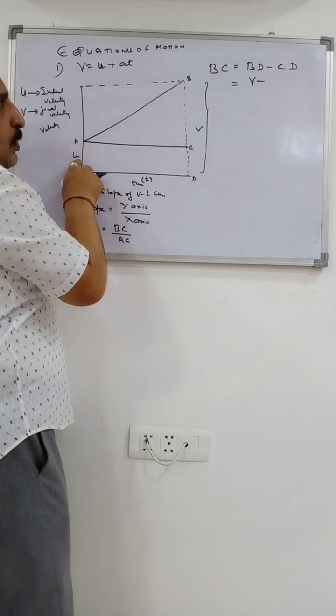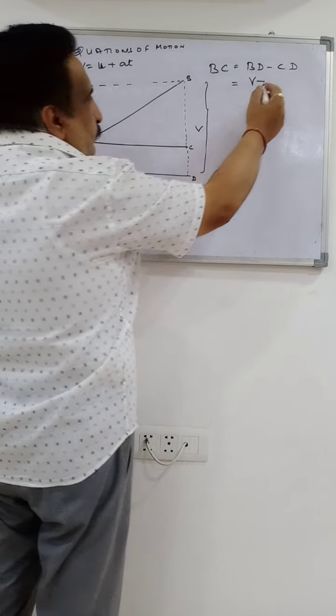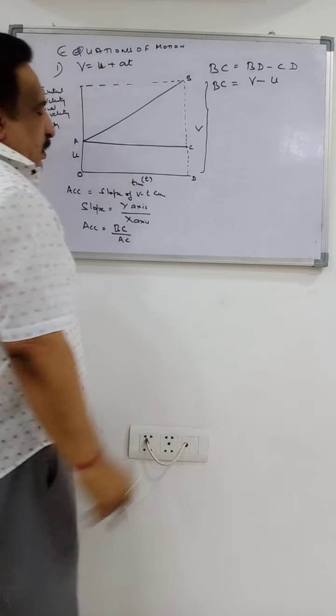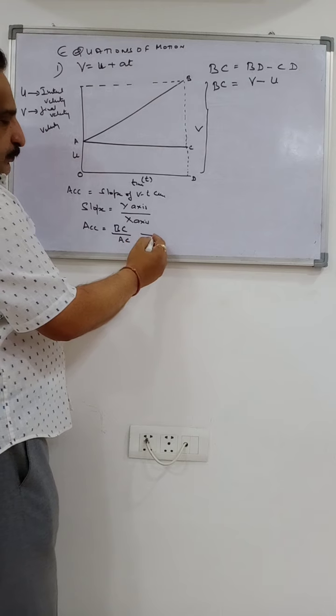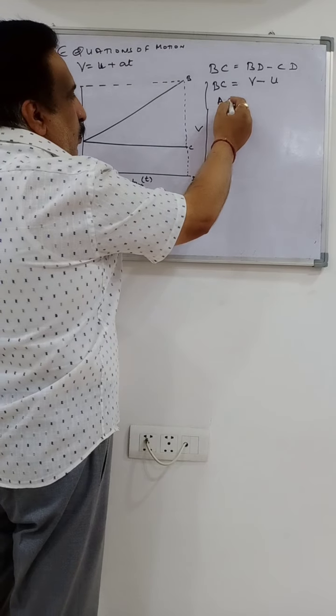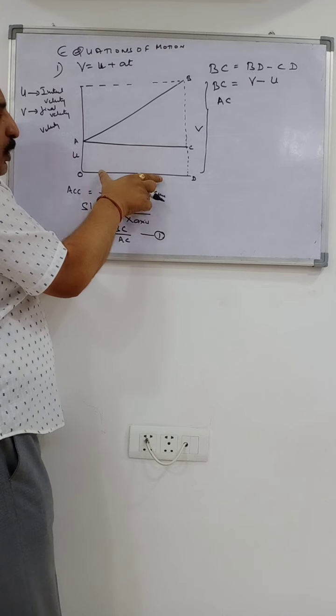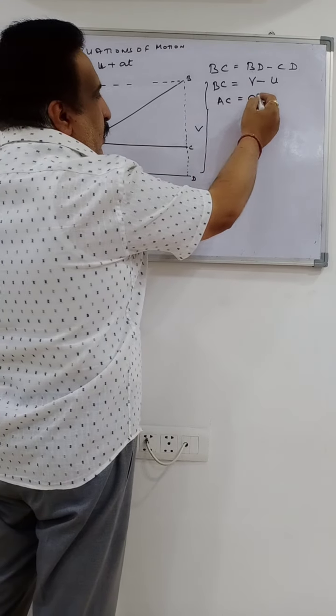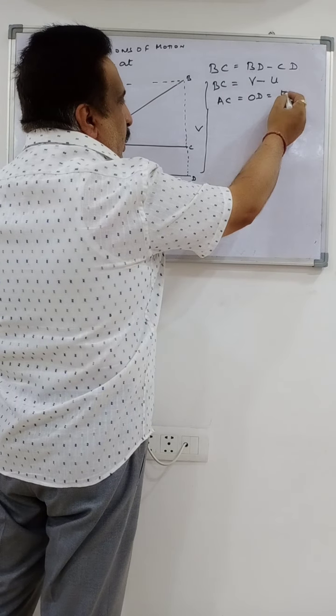U. So BC is equal to V minus U. What is AC equal to? AC is equal to OD is equal to T.